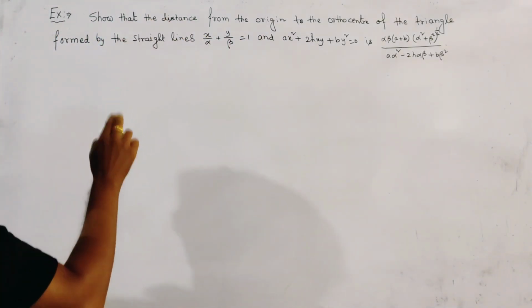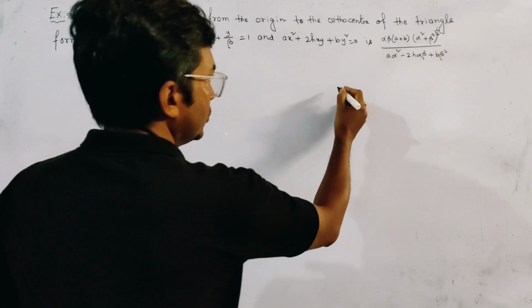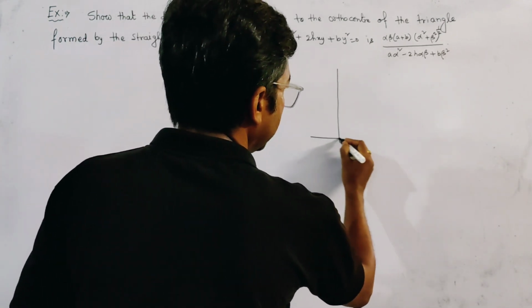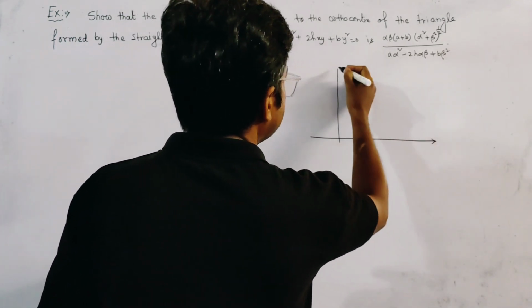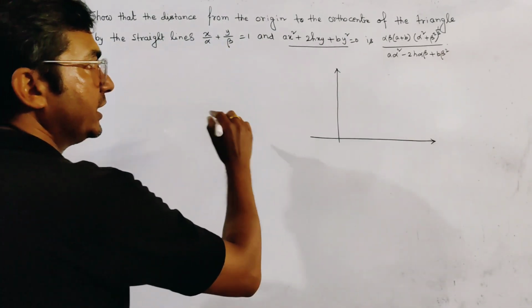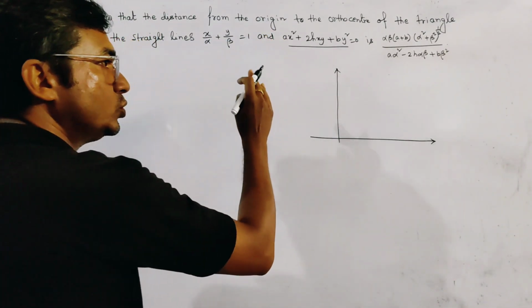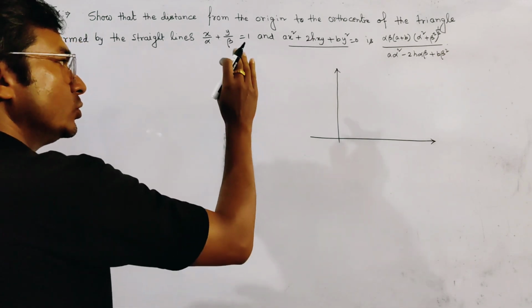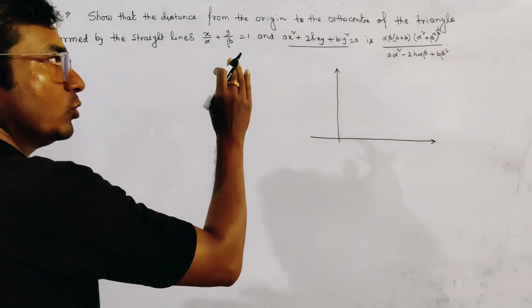Now we draw a rough sketch of the given problem, and we know that this homogeneous equation of second degree represents two straight lines passing through the origin.